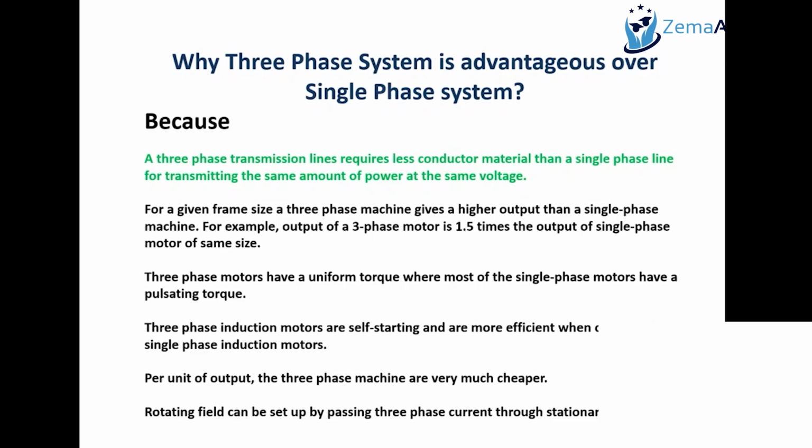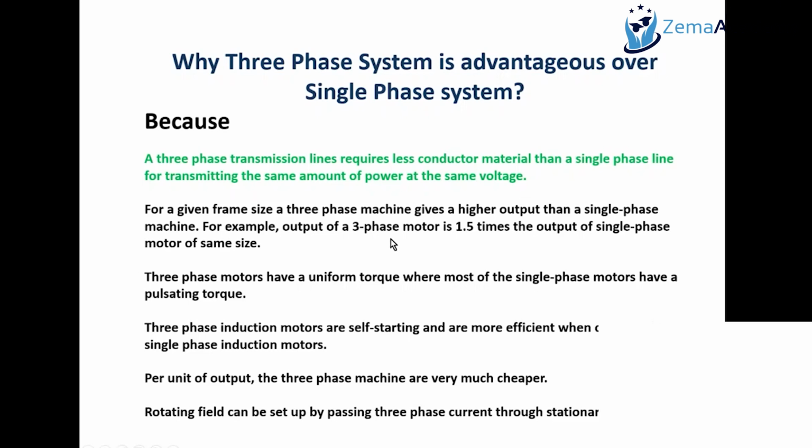These are voltages in thousands of volts or maybe megavolts. So in order to transmit a large amount of power from one place to another over a long distance, we need a particular system, and the most commonly used system is a three-phase system, to transmit the power over long distances with the minimum possible losses.